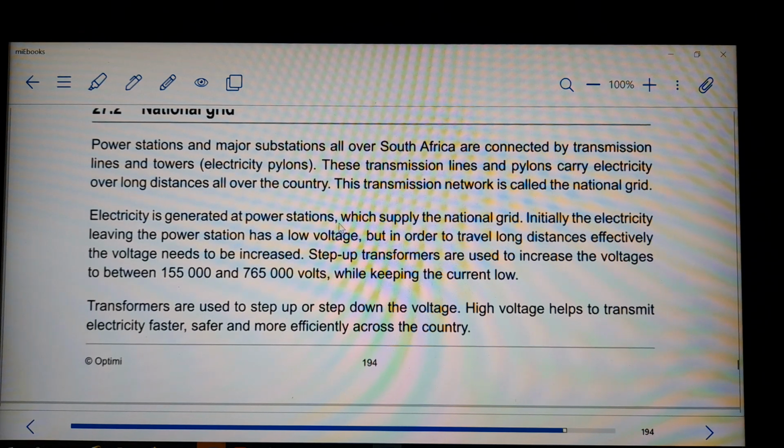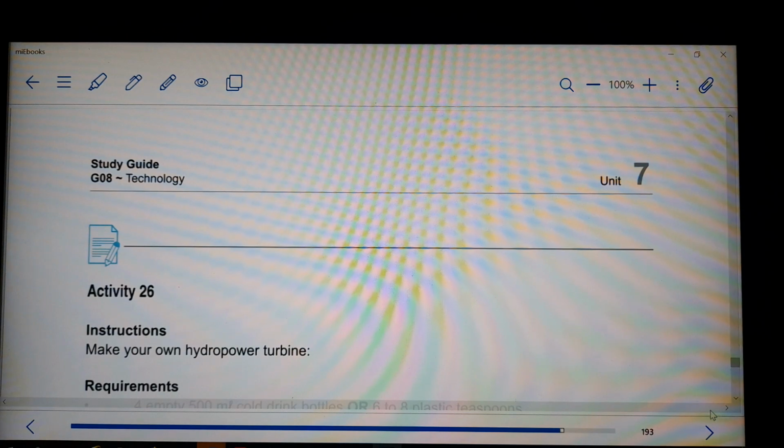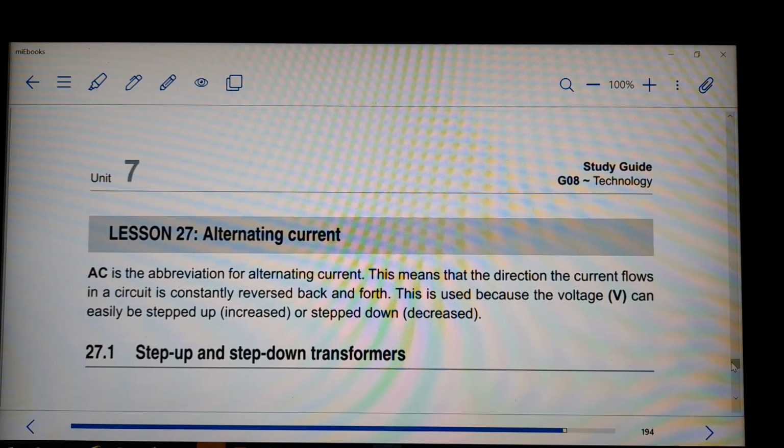Electricity is generated at power stations, which supply the national grid. Initially, the electricity leaving the power station has a low voltage. But in order to travel long distances effectively, the voltage needs to be increased. That is why we have step-up transformers, right immediately after the power station.